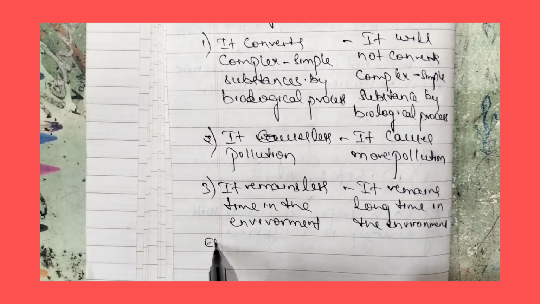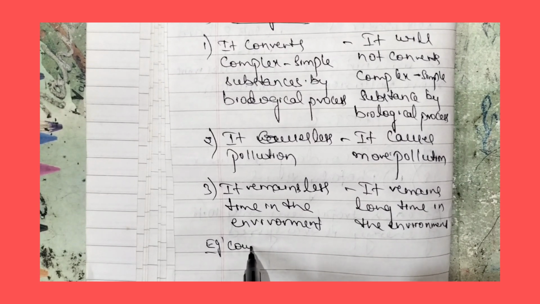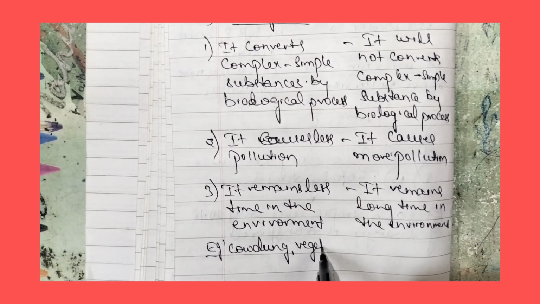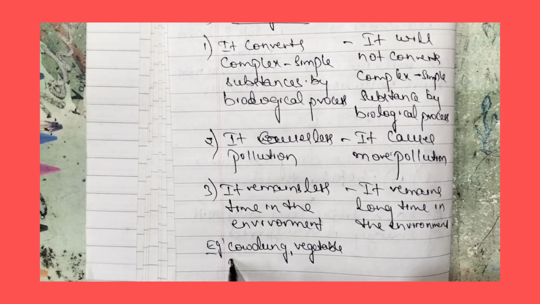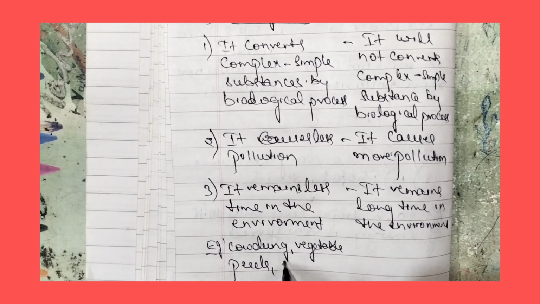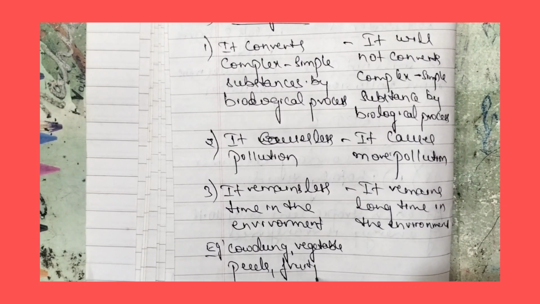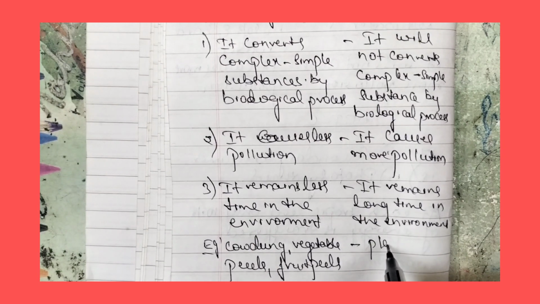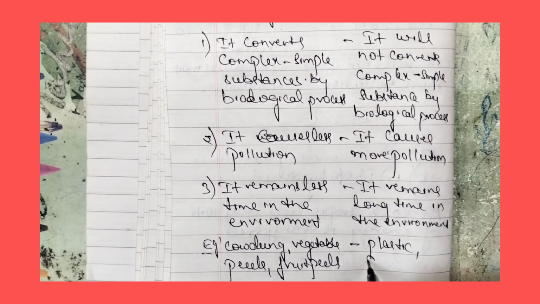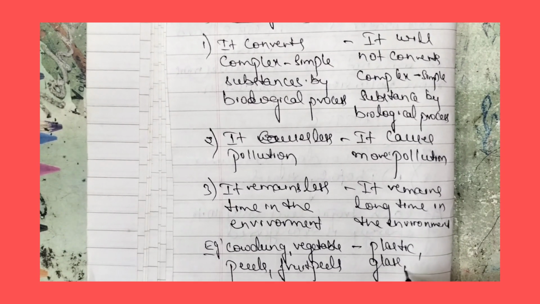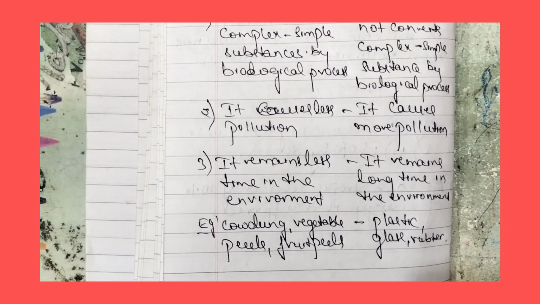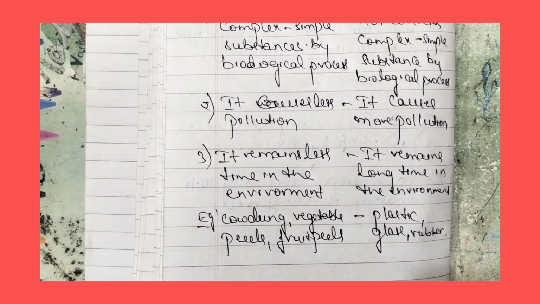Examples of biodegradable are cow dung, vegetable peels, fruit peels, etc. Examples of non-biodegradable are plastic, glass, rubber, etc. So these are the differences between biodegradable and non-biodegradable.